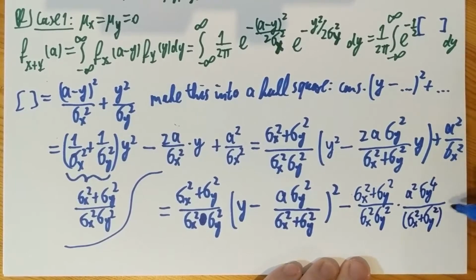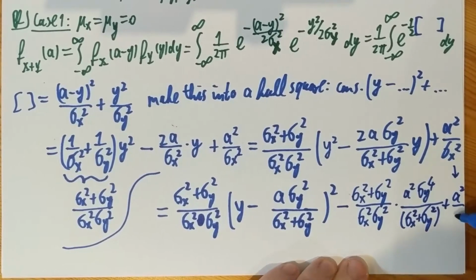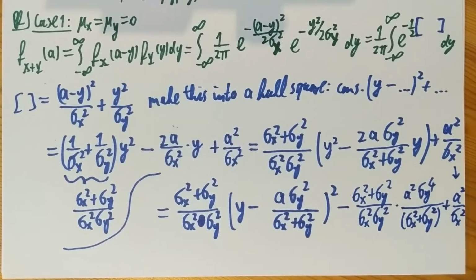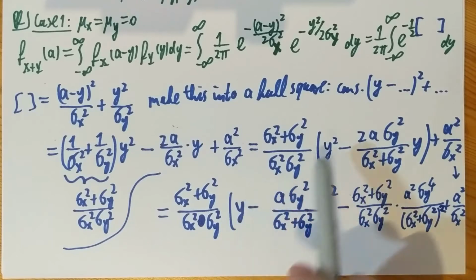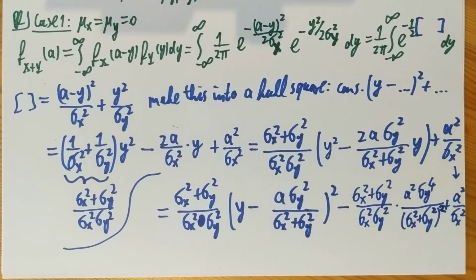And then finally I still have this constant from the previous line, a square over sigma x square. Okay, so this way I still just rewrote the previous line. Oops, I forgot to add this square there. If I just put this thing together with the square there, then those cancel, the cross product will give me this term, the square of y gives me that term, so it's still equal.